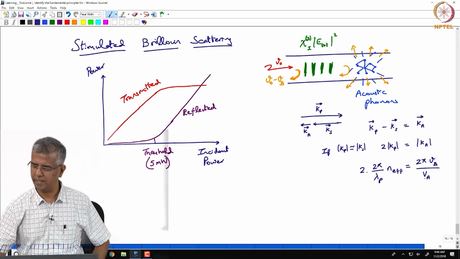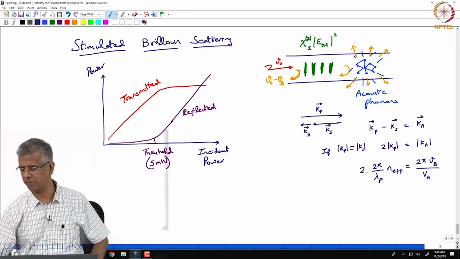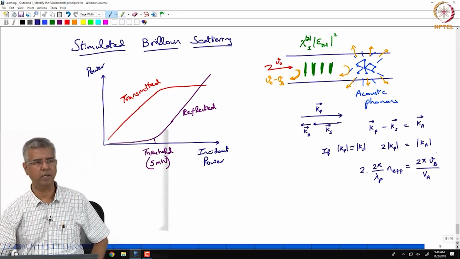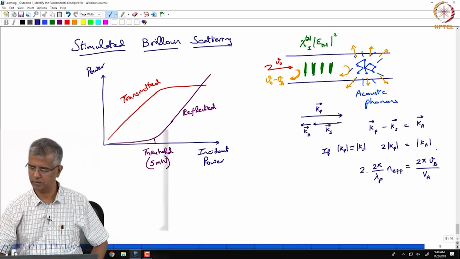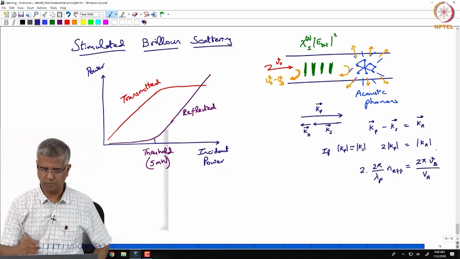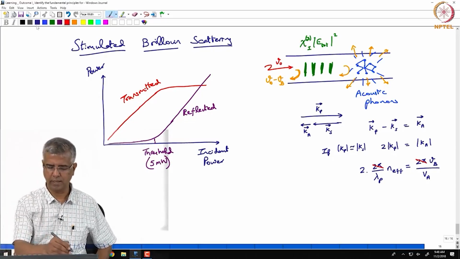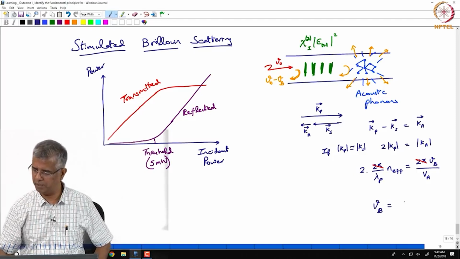So, you can write this as 2 pi over lambda, where lambda corresponds to the wavelength of the acoustic wave, and that wavelength is Va divided by nu b.